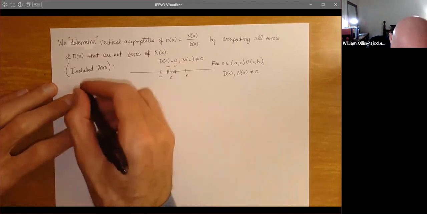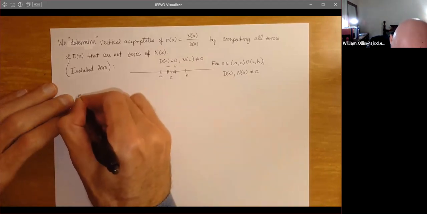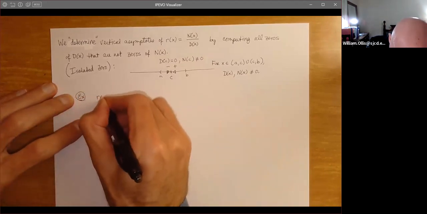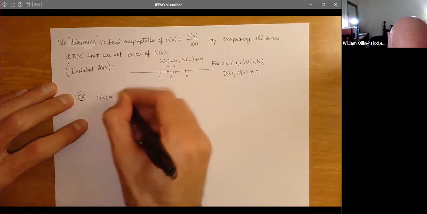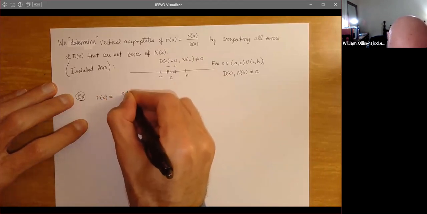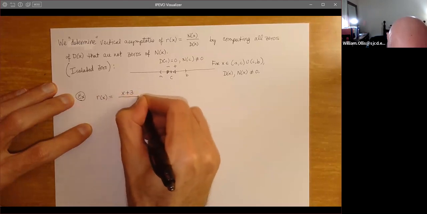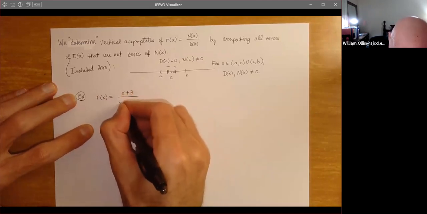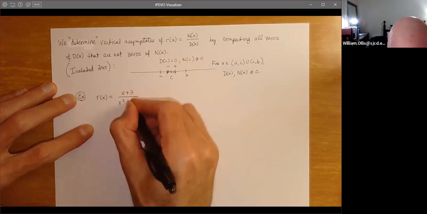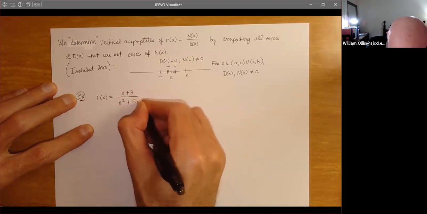So for instance, here's an example. So we have R of X equals X plus 3 divided by X squared plus 5X.